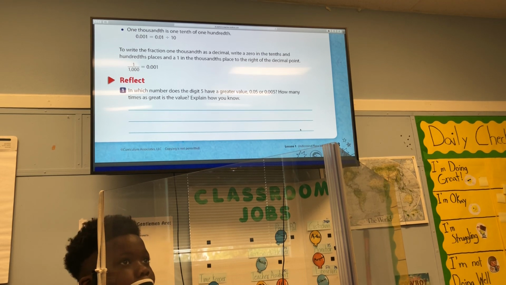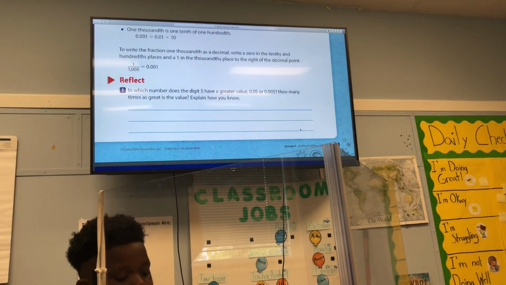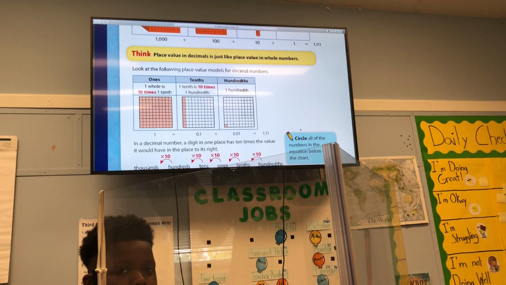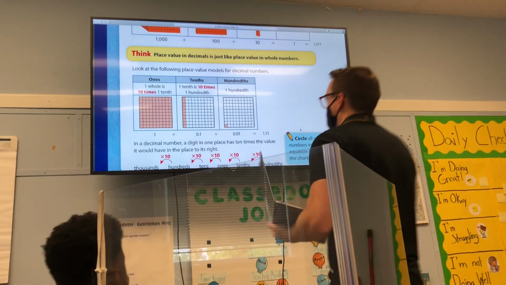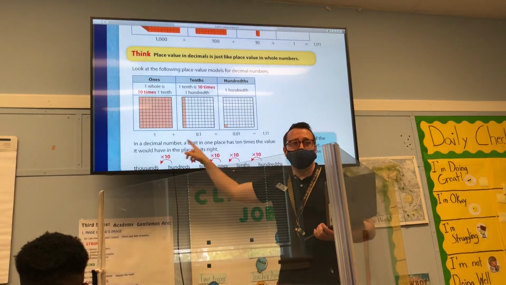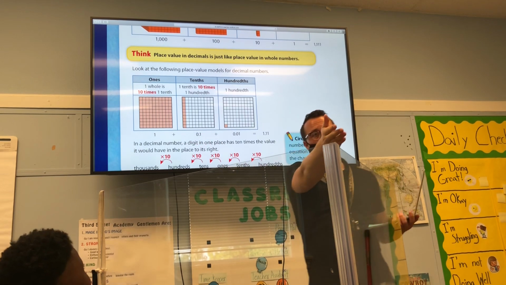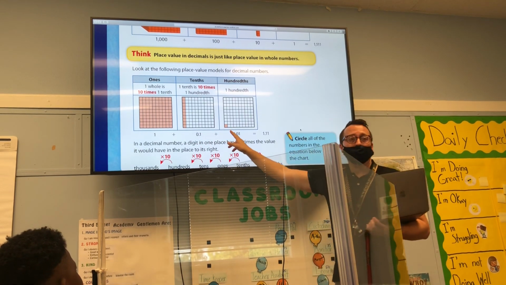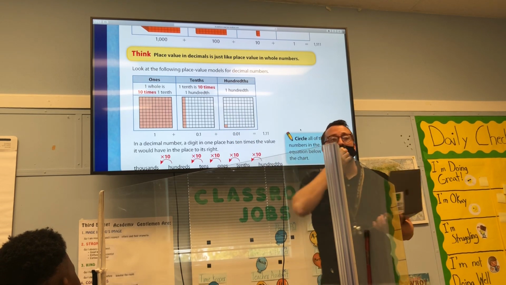That is greater. Because if I go back and look over here at what we just saw, eyes over here, guys. Remember, when we went right to that place, we had a tenth of a whole, right? So if I have 0.05, I have 5 pieces out of 100.